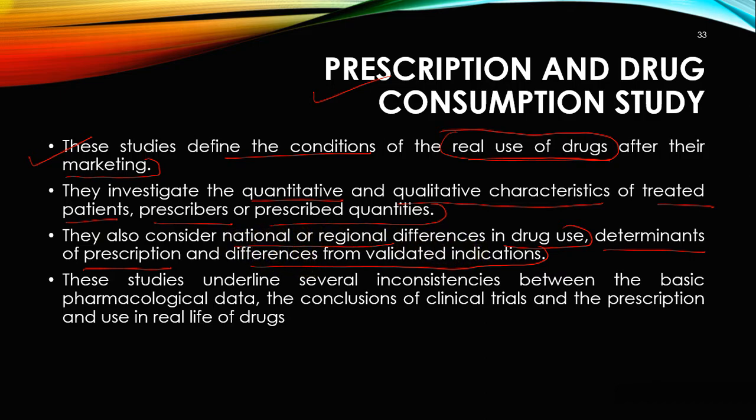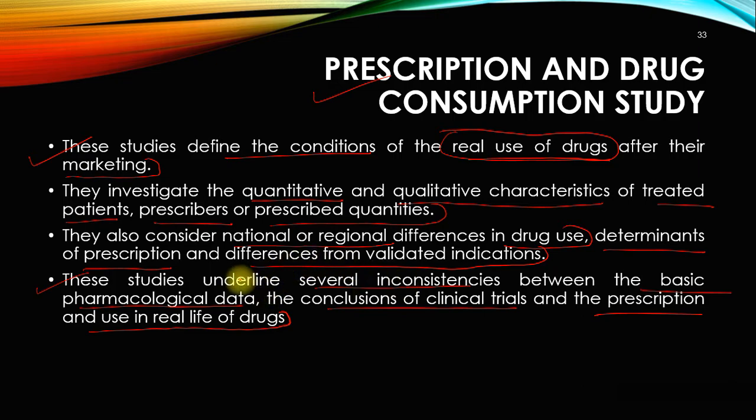Sometimes certain drugs can also be used off label, so such off label usage of the drugs can also be documented with the help of these studies. So these studies underline several inconsistencies between basic pharmacological data and conclusions of the clinical trials, and the prescription and use in real life of drugs.